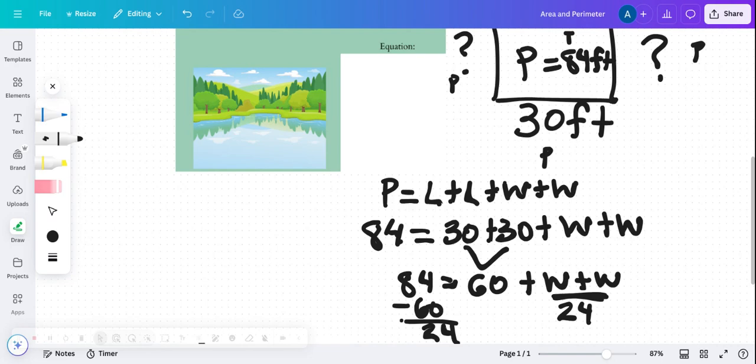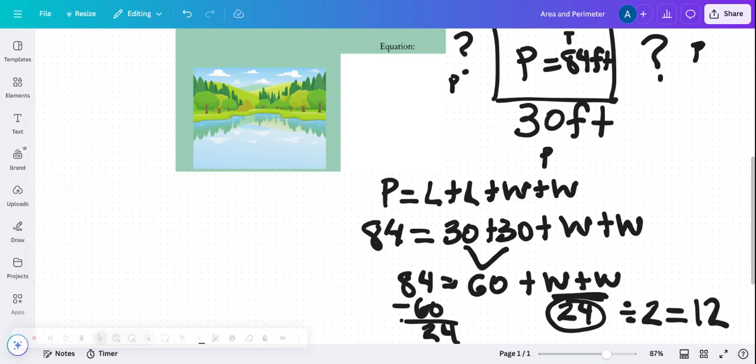Now, a lot of students will think 24 is our answer. That is not what each width is. That's the total of both widths. So since we have two of them, we have to take our 24 and divide it by 2. 24 divided by 2 gives us 12.